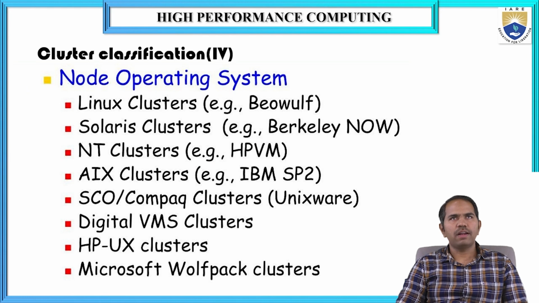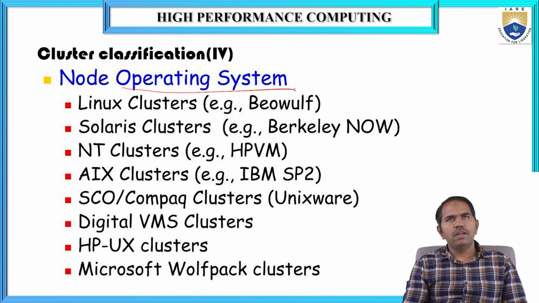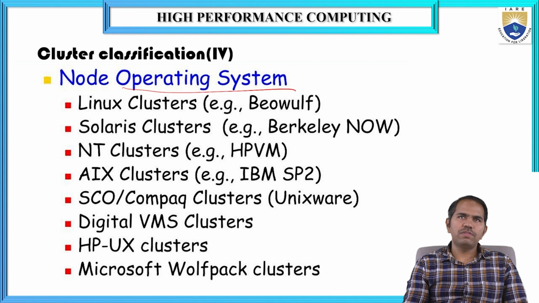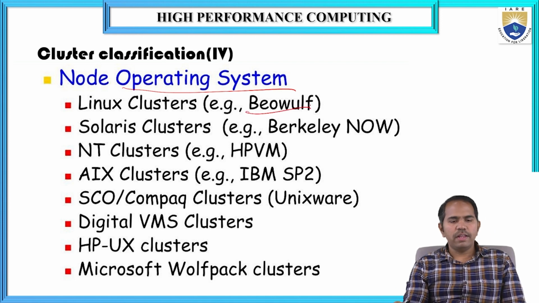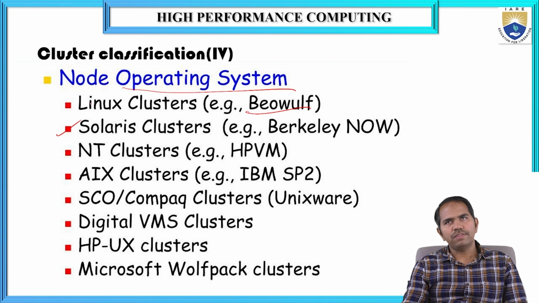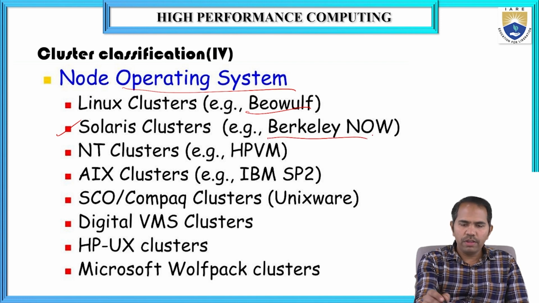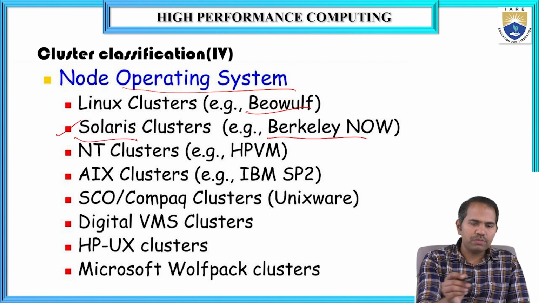The fourth thing in the outline of this slide is node operating system. What type of operating system do cluster nodes use? Linux clusters, for example Beowulf, use Linux operating systems. The second is Solaris clusters, for example Berkeley NOW, which use Solaris operating systems.